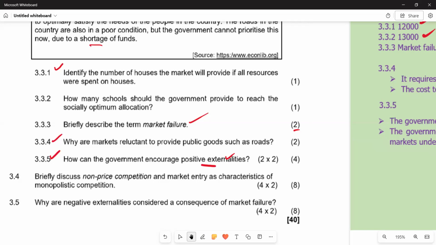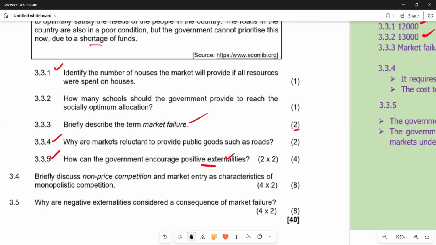We can deduce that a positive externality arises when there is a benefit. When there is a cost being imposed on the third party, we call it a negative externality. In this case, we have a positive externality.